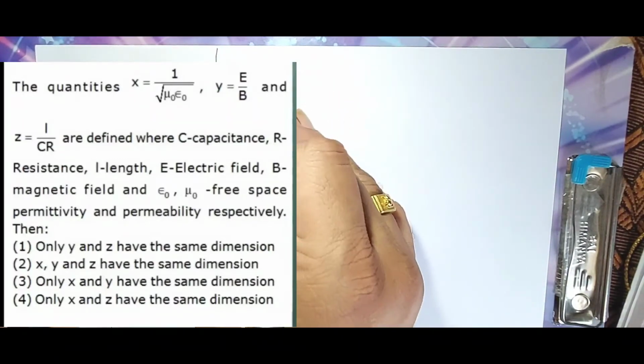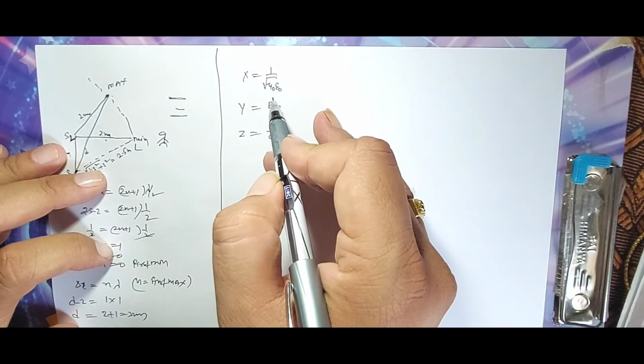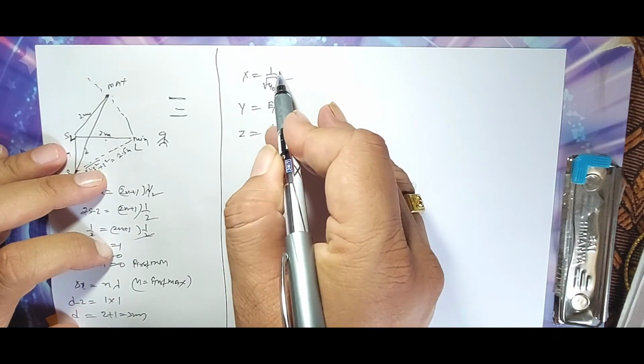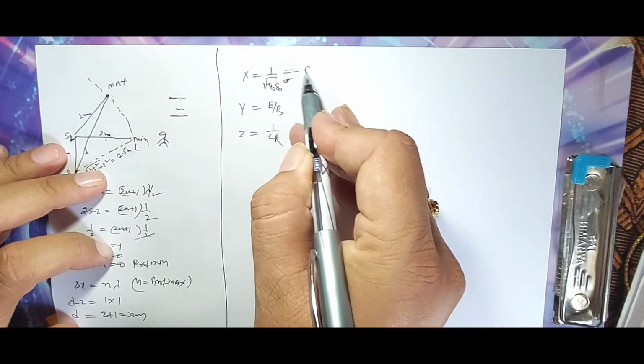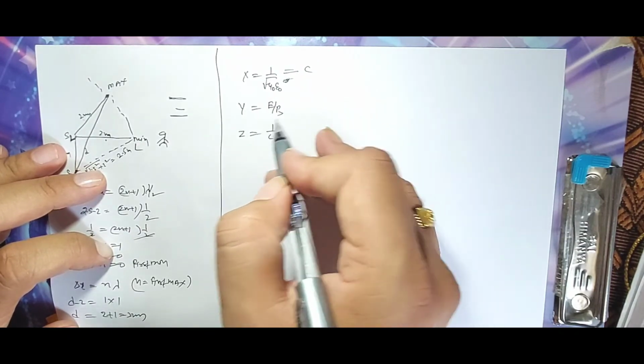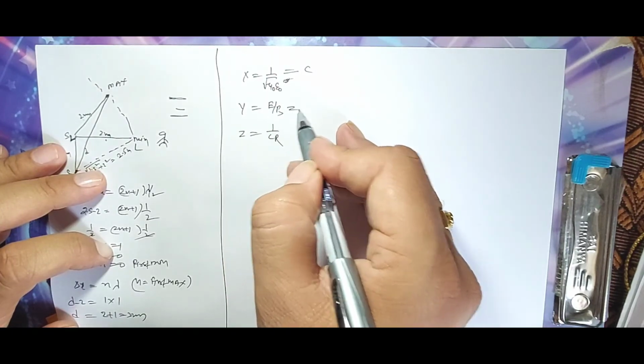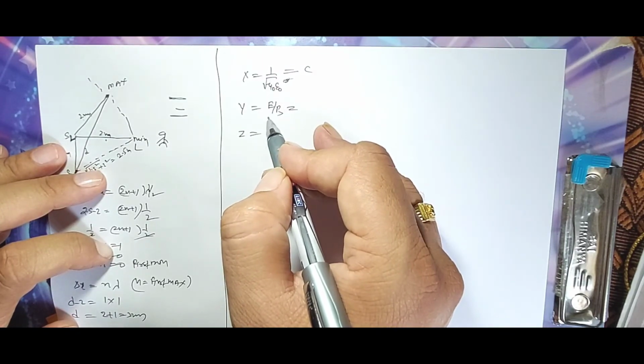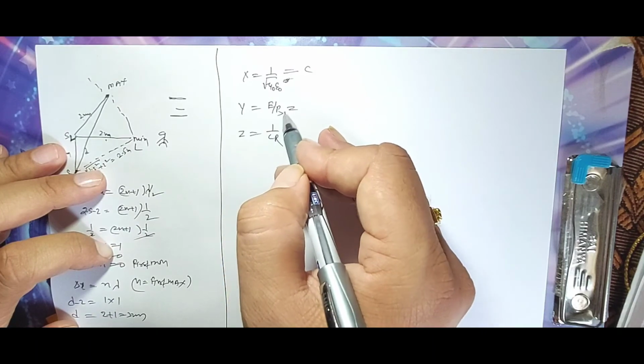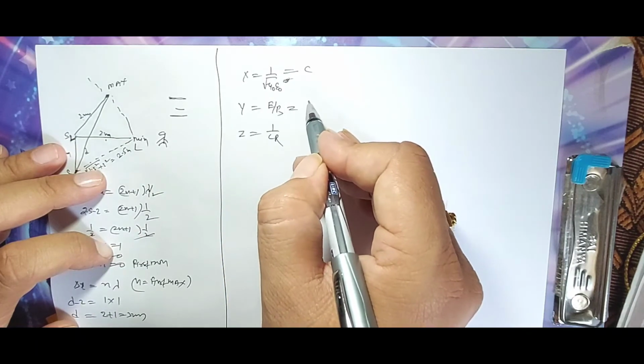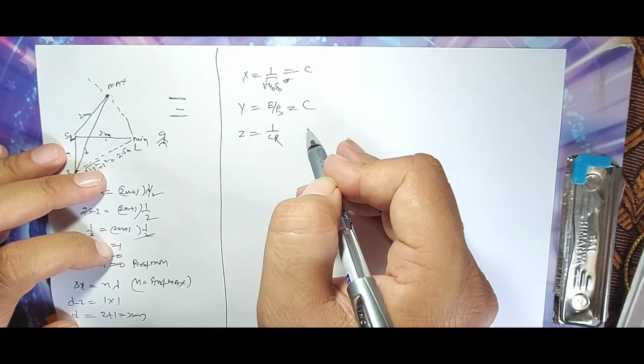Clearly, we know that x is equal to the square root of 1 by mu naught epsilon naught, which is the velocity of light. So, x is velocity of light. Also, we know that in the electromagnetic equations E by B is equal to c, which is also the velocity of light.